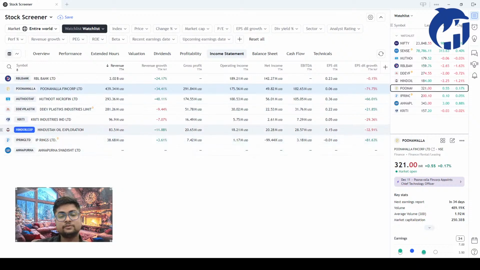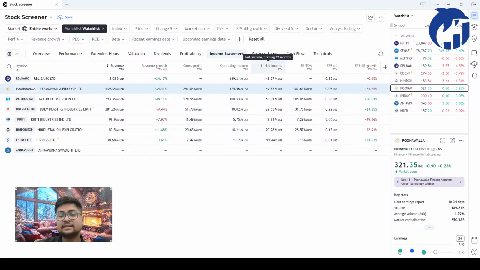Hindustan Aerospace also has operating income of 18.21 million USD. RBL Bank is maintaining its lead among all of the peers, and Poonawalla has the second highest operating income. So Poonawalla can't be denied. It has a good potential to increase in future.